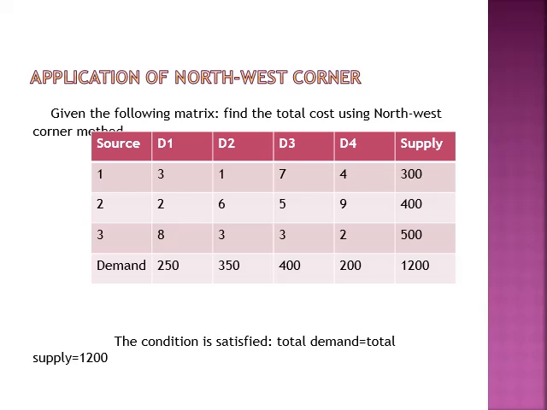Now, source 1 has a stock of 300, while market D1 requires 250 units.